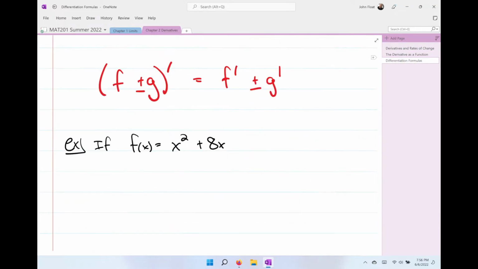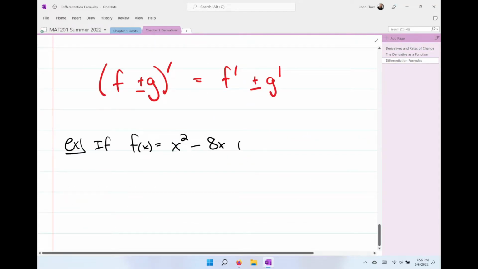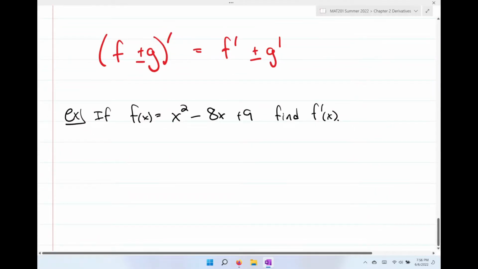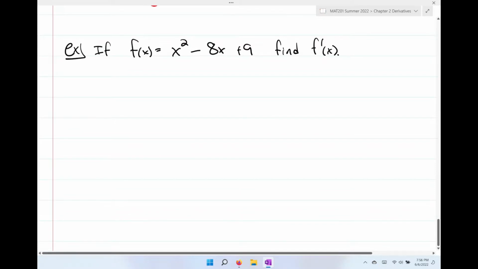Nope. Minus 8x plus 9. Find the derivative. Well, with this, I'm going to be applying all the rules that I've learned. I'm going to be applying the power rule, the sum and difference rule, the constant rule, and the constant multiple rule. I mean, they're all going to kick in.